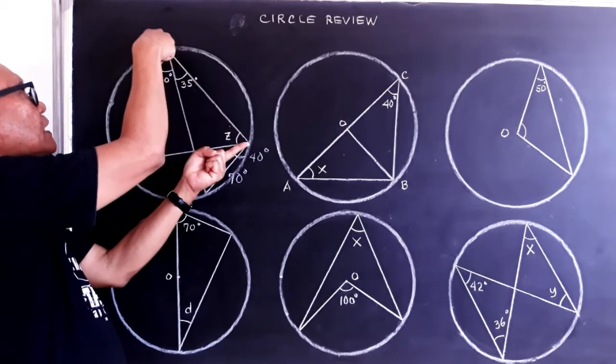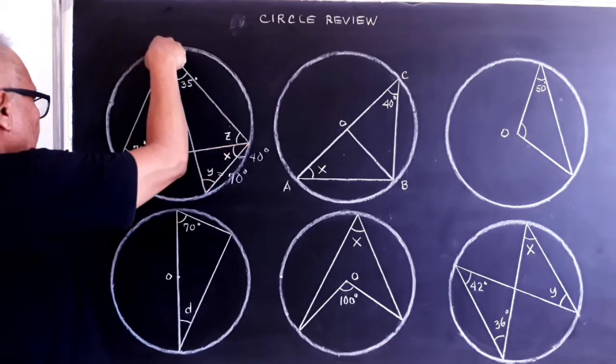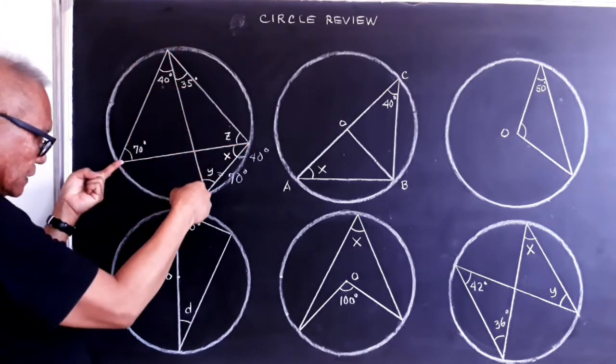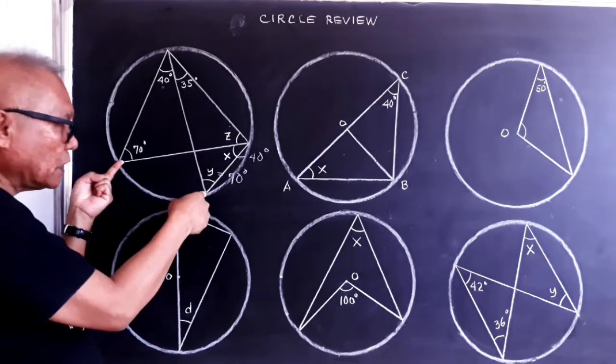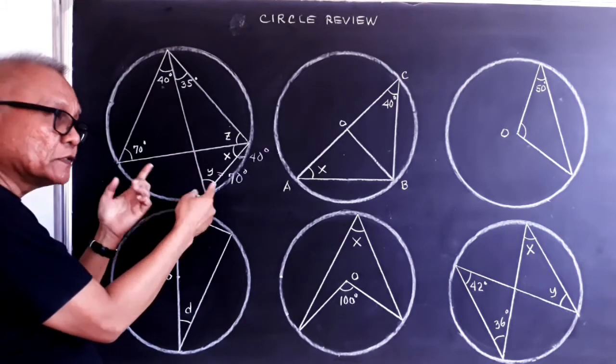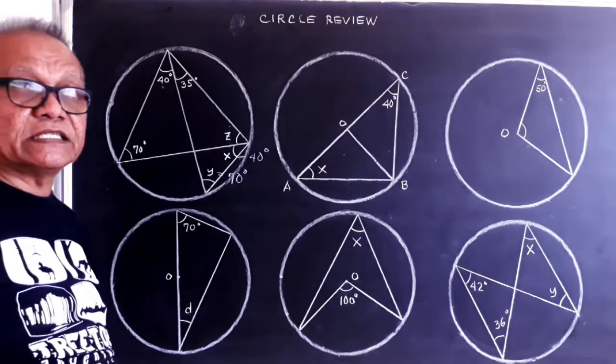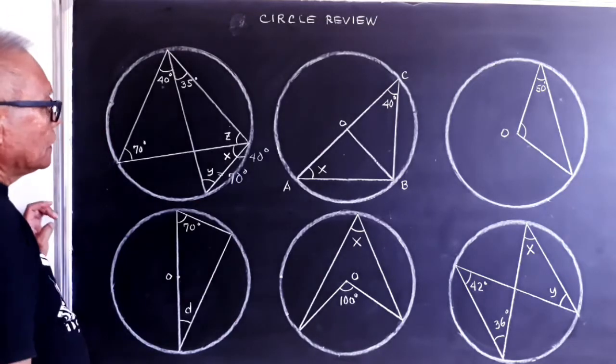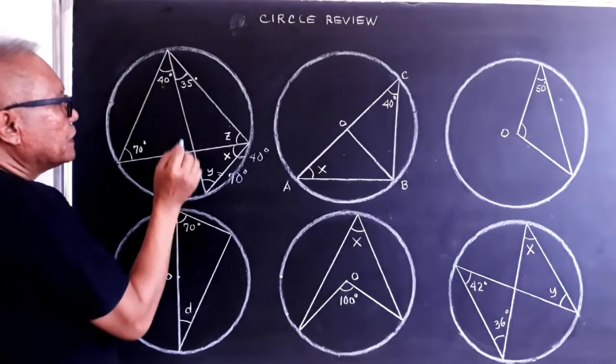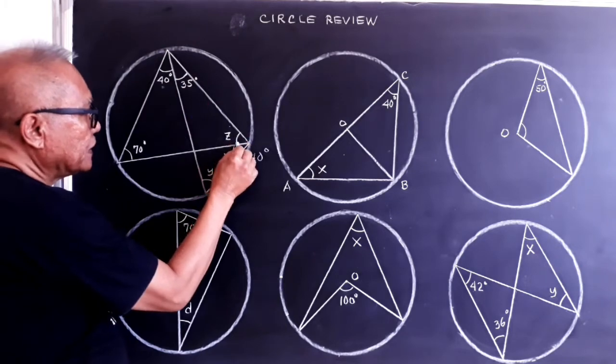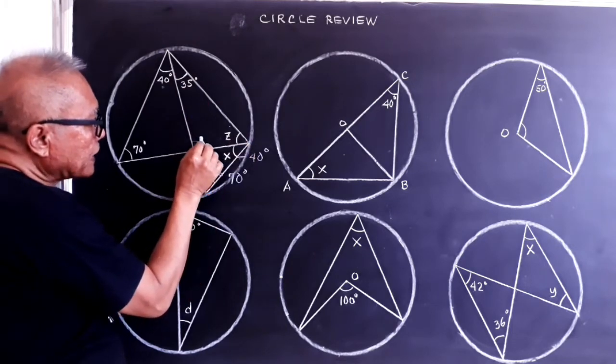Let's trace here, and here, and here, but I can't go here because there is no line here. So we cannot find Z. Okay, we have the 35 here, we have the Z here. Can we find this angle here?